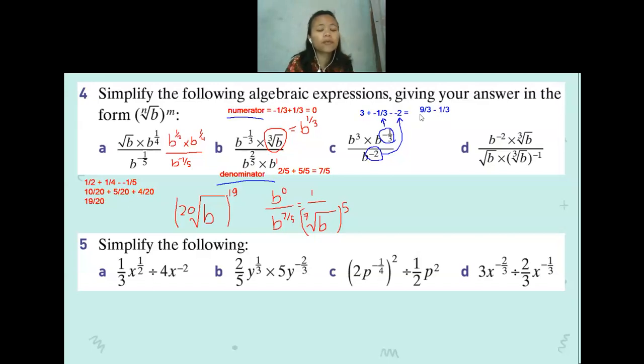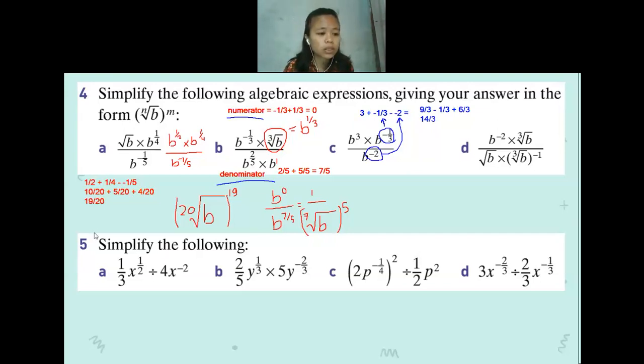Minus and negative, we can simplify as plus. Number 2, I can make into 6 per 3. So in the end, 9 minus 1 equals 8, 8 plus 6 equals 14. So it will be 14 per 3. So the final answer is the cube root of b to the power of 14.